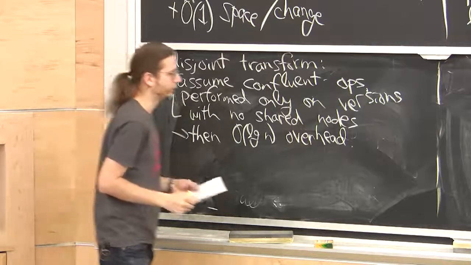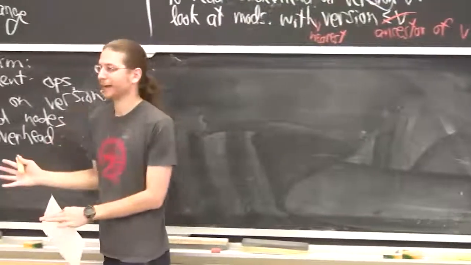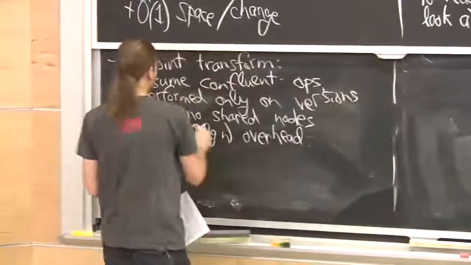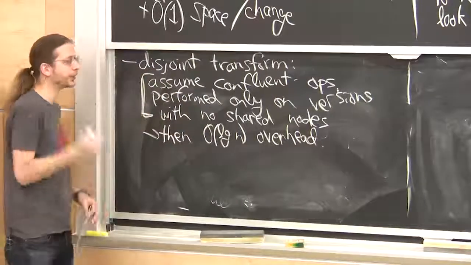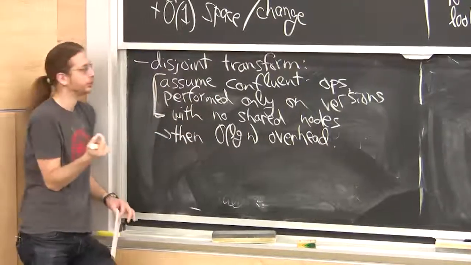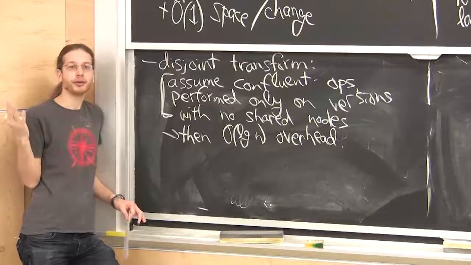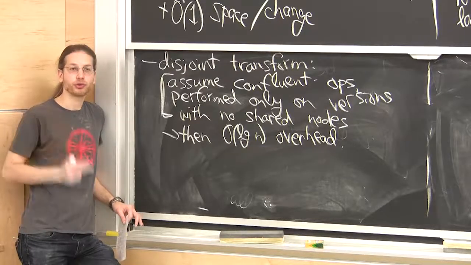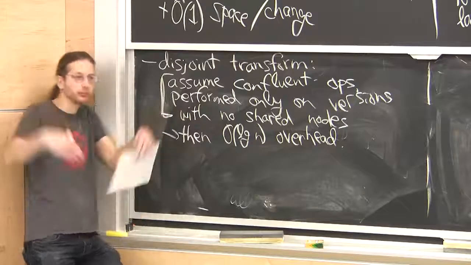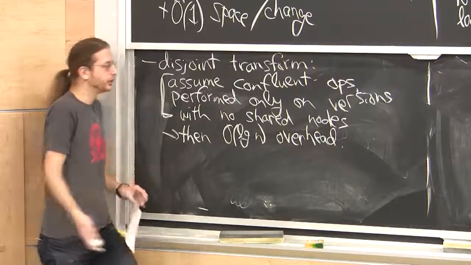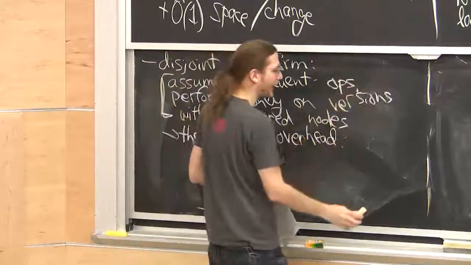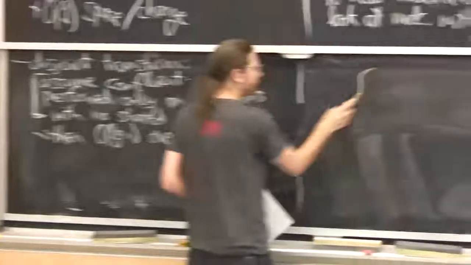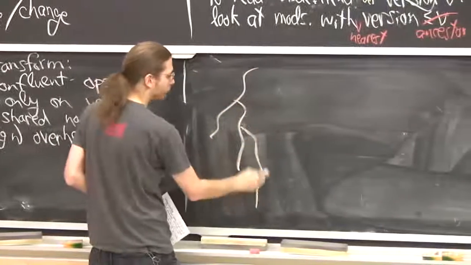All right, let me give you a quick picture. In general, the versions form a DAG. But if you make this assumption, and you look at a single node, and look at all the versions where that node appears, that is a tree, because you're not allowed to remerge versions that have the same node. So while the big picture is a DAG, the small picture of a single guy is some tree.